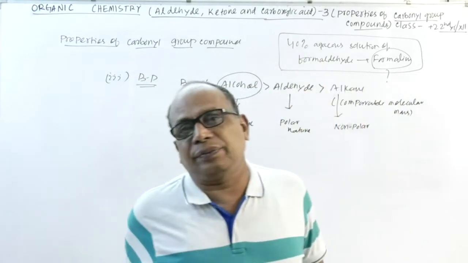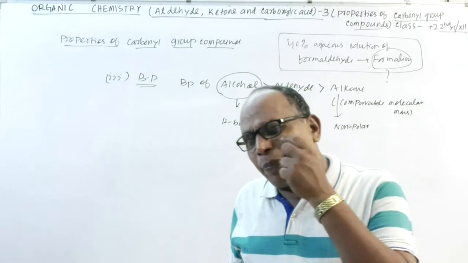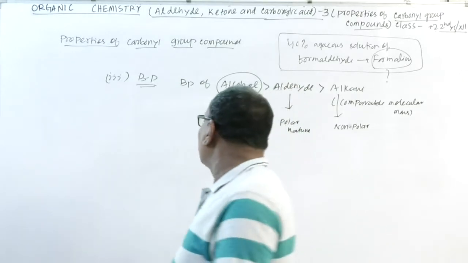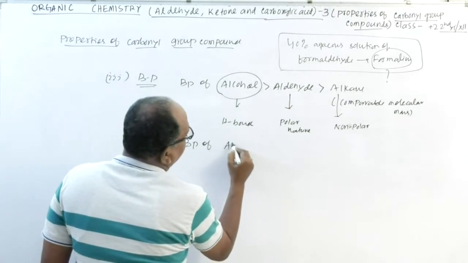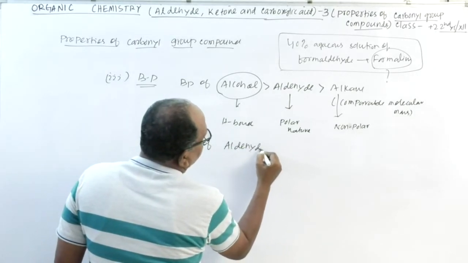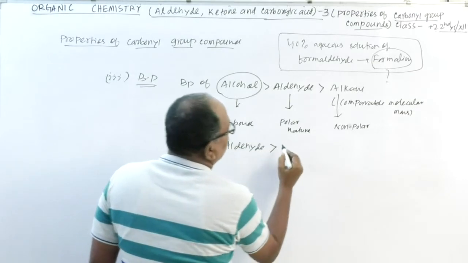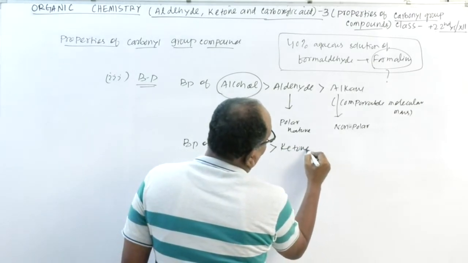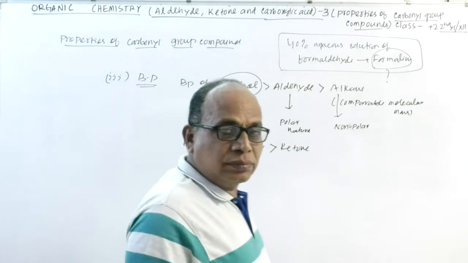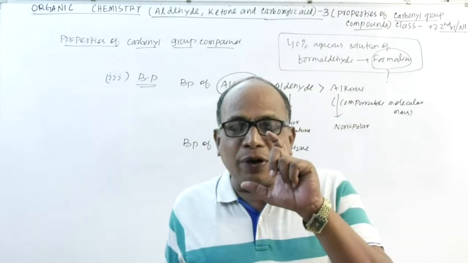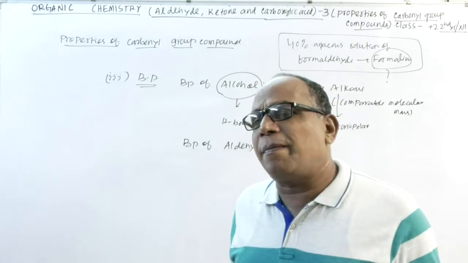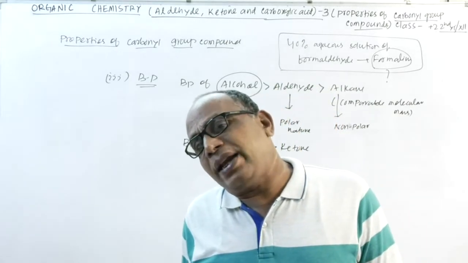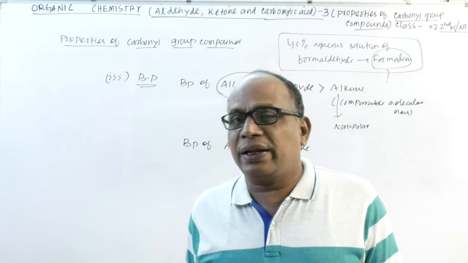When you compare the boiling point of aldehyde and ketone, the boiling point of aldehyde is more than the ketone, because the carbonyl group in the aldehyde is somewhat more polar as compared to the carbonyl group in your ketone.